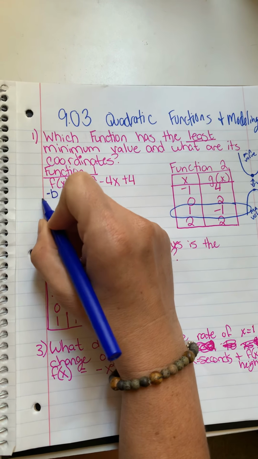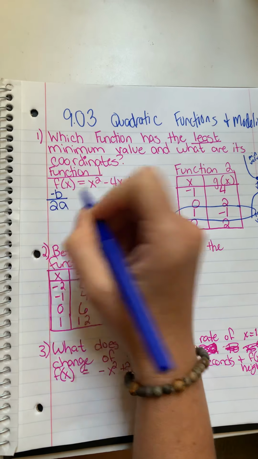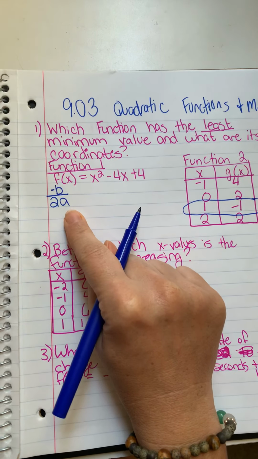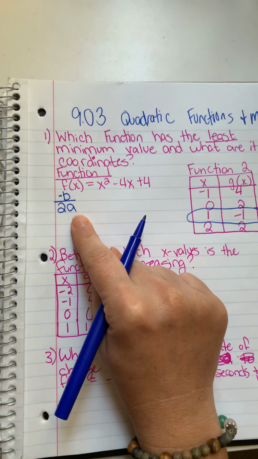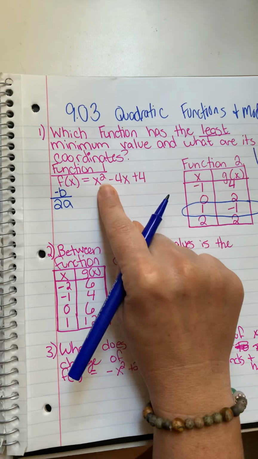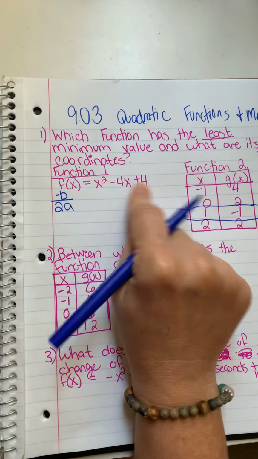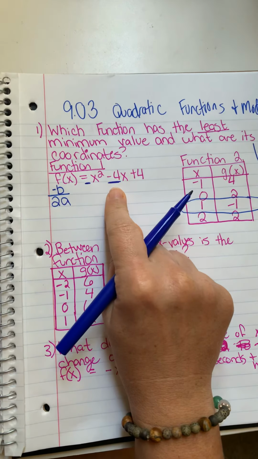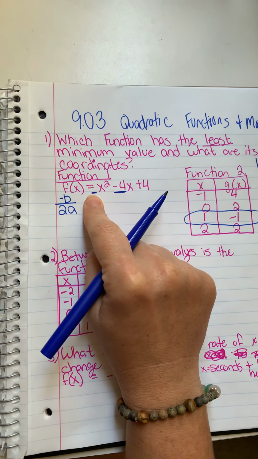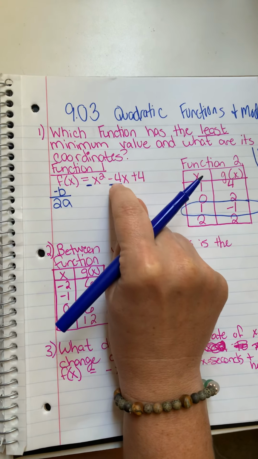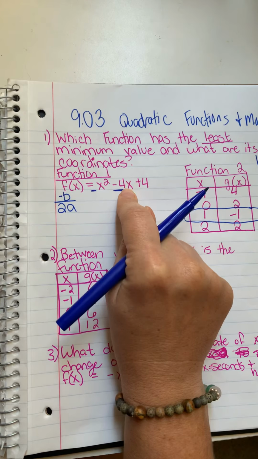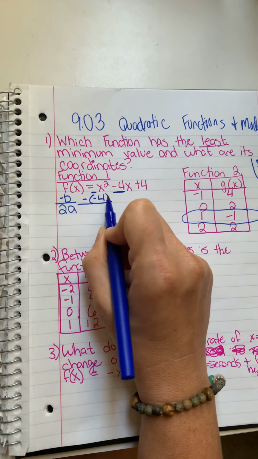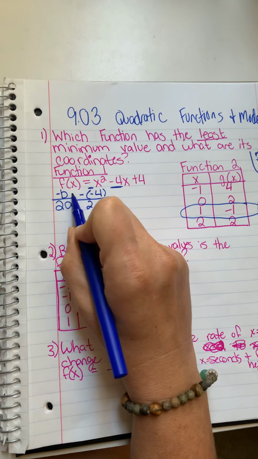So I'm going to take -b over 2a, because this is my formula for axis of symmetry. I'm going to plug in b and a from this formula. There is nothing here for a, so I can plug in a 1. Make sure you plug in -4 for b. So negative of -4 over 2 times 1.